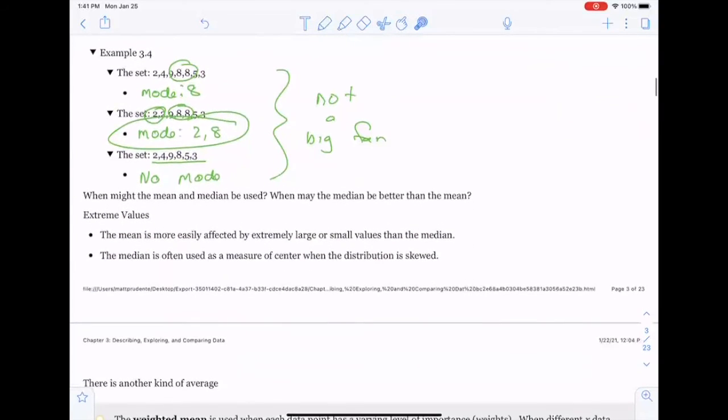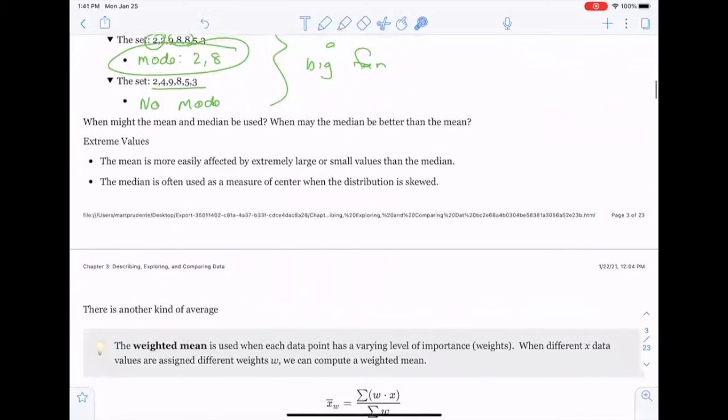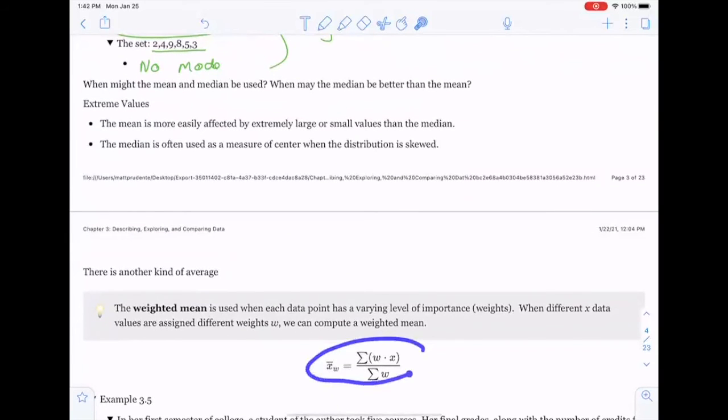There is another kind of average that we want to talk about. It's what we call a weighted mean. A weighted mean is used when each data point has an underlying varying level of importance, what we'd call a weight. So different X data points have different weights that we call W. We compute the weighted mean slightly differently.